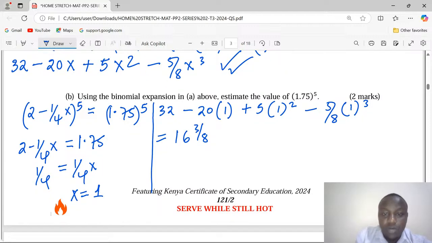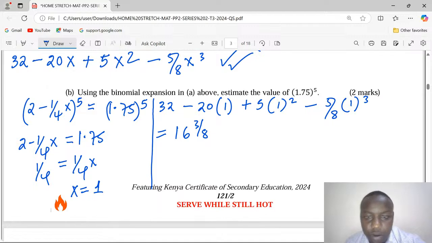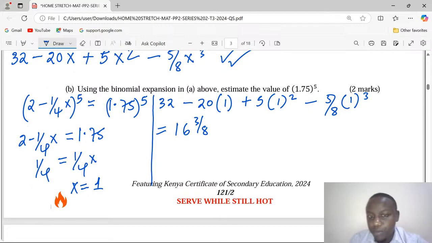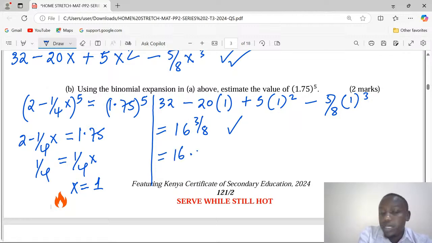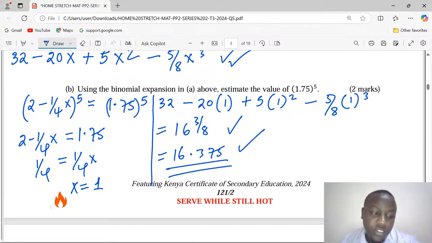But we've been told to estimate, and the number of decimal places is not given. So this is the exact expansion, which can also be 16.375. So this is also correct. So that is how you carry out such an expansion when it is a binomial question. So thank you so much for following up to that far.